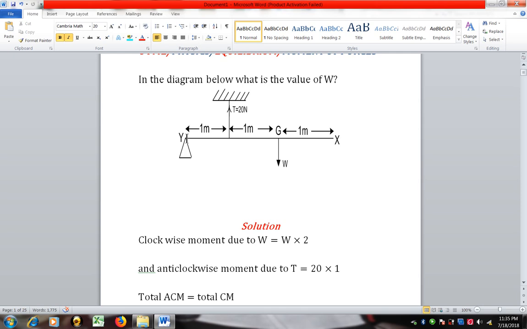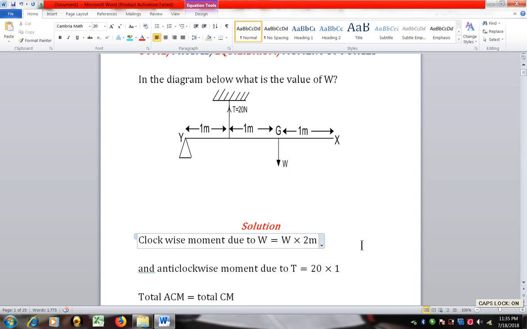So the distance is 1 meter, 1 meter, so that is 2 meters. From this fulcrum to this place is 2 meters. So clockwise moment due to weight is weight W times 2 meters.